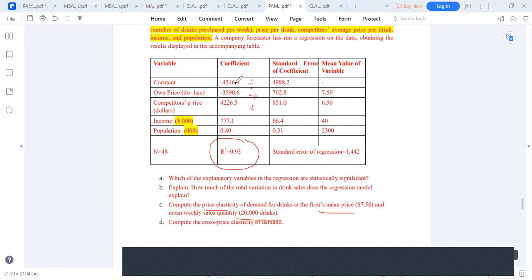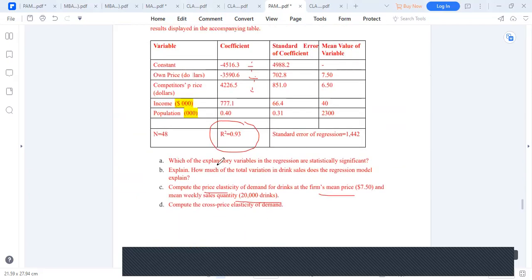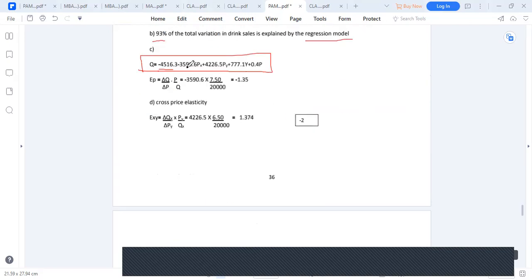We have the constant, 4516.3, which will come here. And the first variable, we're looking at the drink, so its own price, Px, is minus 359.6. That is the price of its own good, good X against good X.